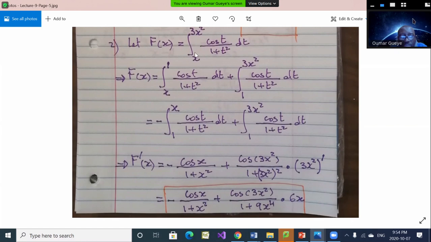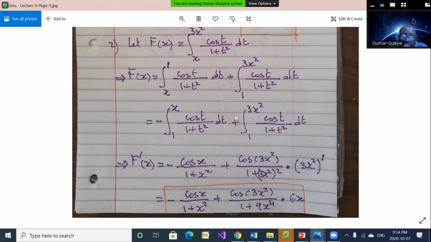And I don't have a constant because it's x, and x is changing. It's a variable. That's why I introduced 1 between the x and the 3x squared. We're going from x to 3x squared, so I split it in two parts, going from x to 1, and from 1 to 3x squared. That's why I have two integrals. You integrate from x to 1, and after that, you integrate from 1 to 3x squared.